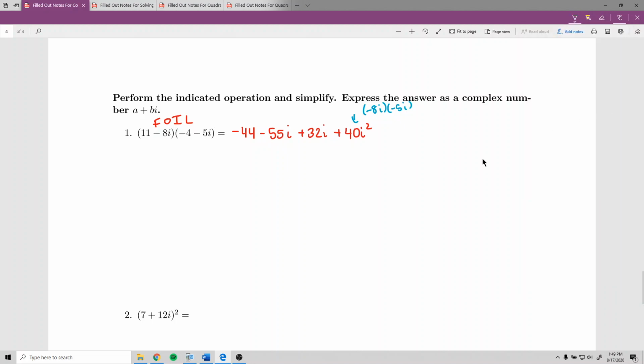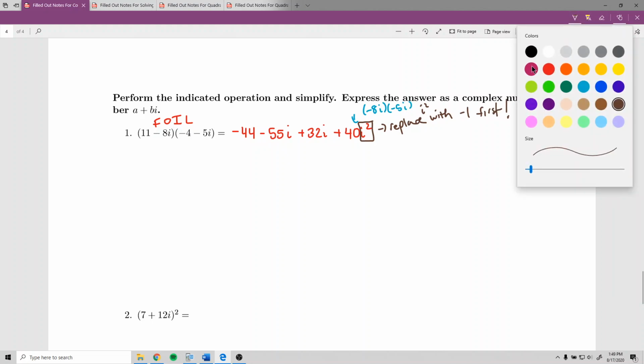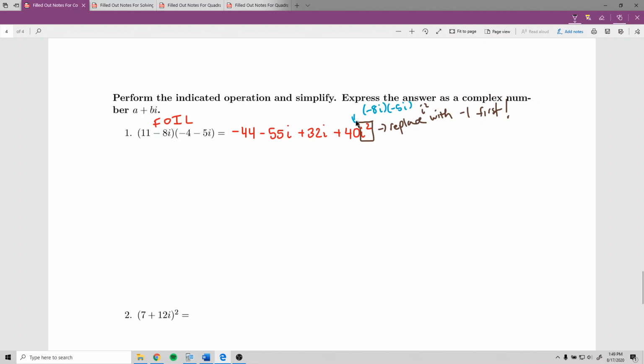Now this is what I always do first, is replace i squared with negative 1. The reason I like to do it first is it's the easiest thing to forget, because you think about combining like terms and then you don't see anything in common with i squared.